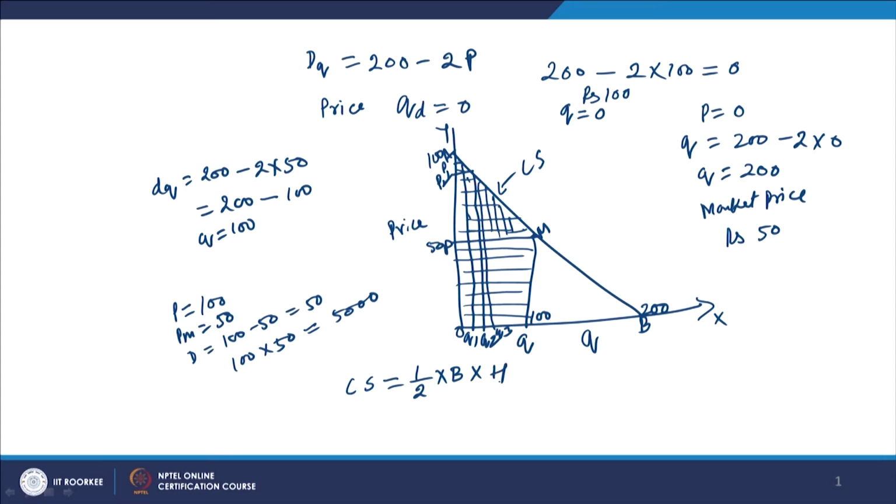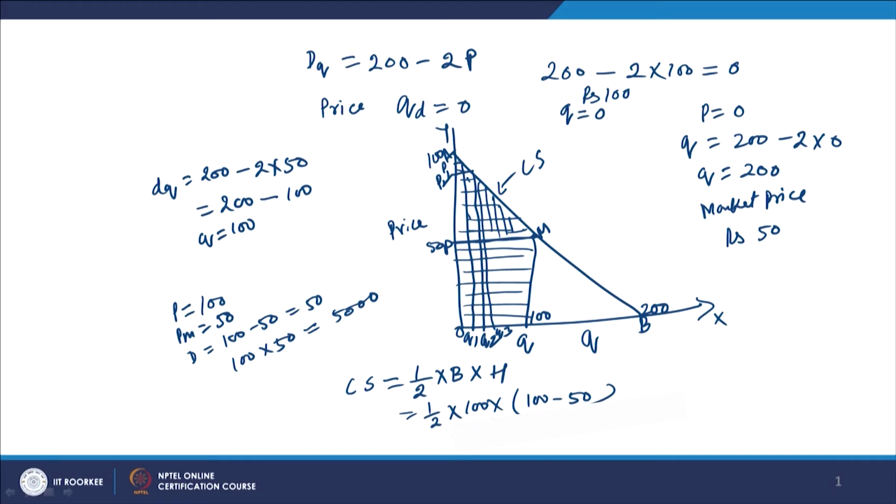Base is this PM, meaning quantity. So, 1 by 2 into base is 100, and height is the difference between what the consumer is willing to pay, the maximum price, and what is the market price. So, that is here 100 minus 50.